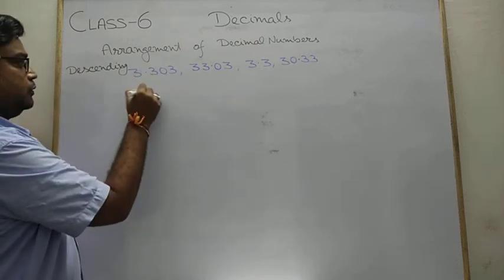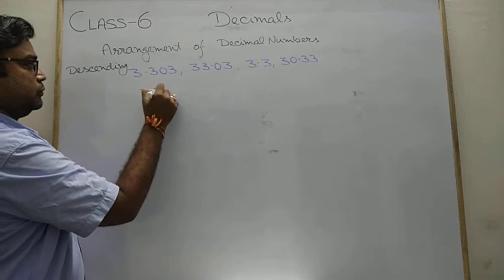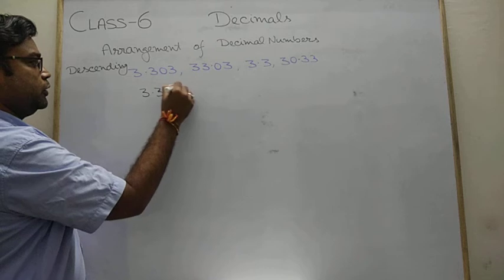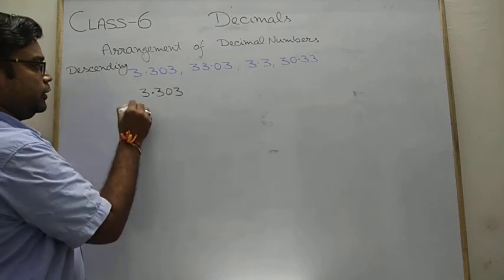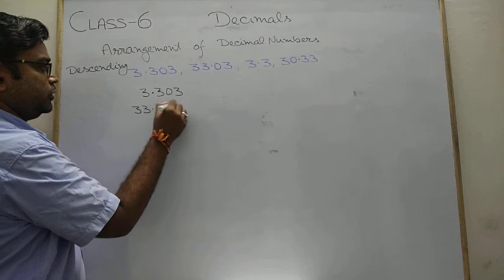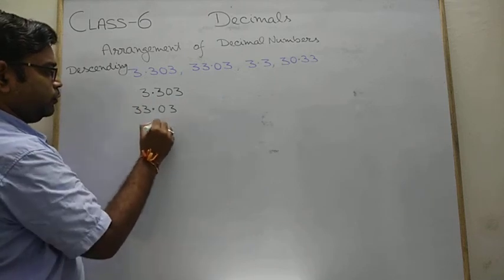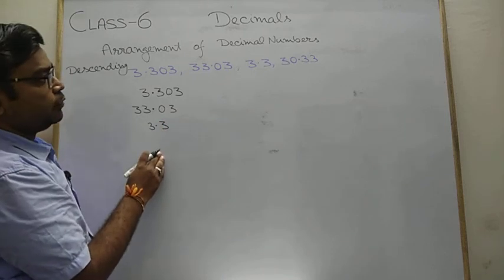First note down 3.03, then 33.03, then 3.3, then 30.33.